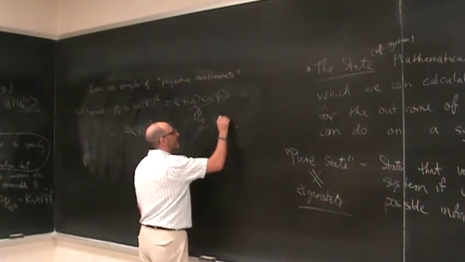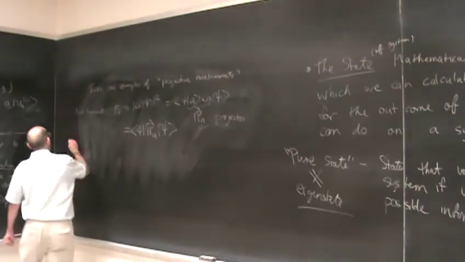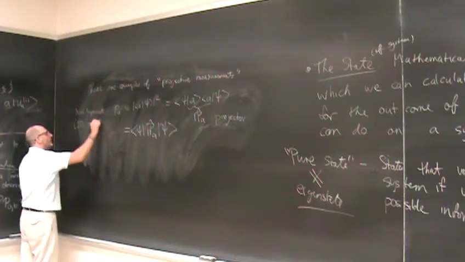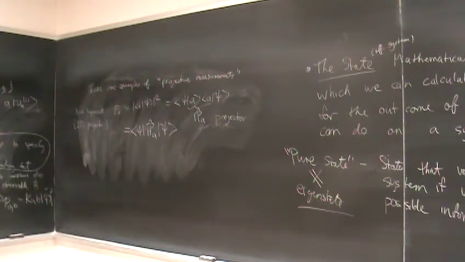In this case, because it's a non-degenerate eigenvalue, this is a one-dimensional projector. It's a projector onto a direction in Hilbert space.